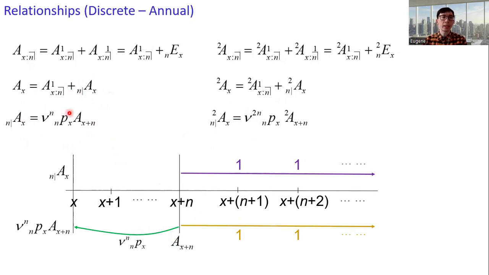The expression v^n nPx is simply the period endowment nEx. And then the second moment, v^2n nPx, is the second moment for the period endowment. We have n|Ax equals this expression, and for Ax, we have this expression.